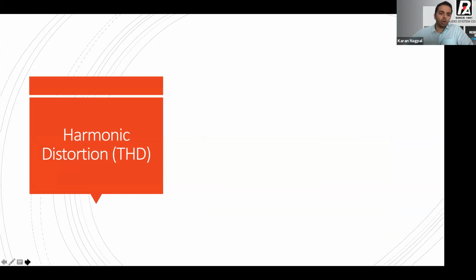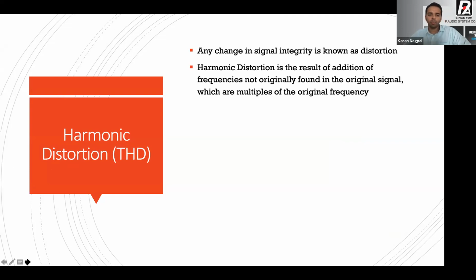So what is harmonic distortion? We have seen that if any new level comes between input and output, it's known as distortion. We want amplifiers to be very linear, transparent. We don't want any new component to be introduced in the output. So harmonic distortion is the result of the addition of frequencies not originally found.